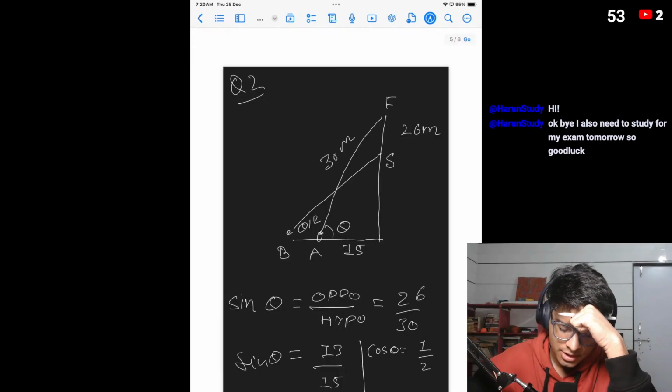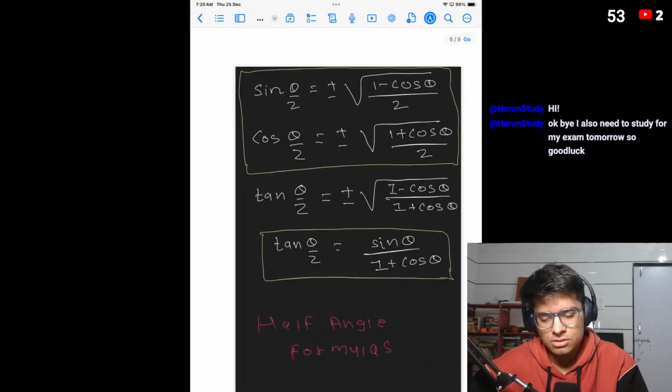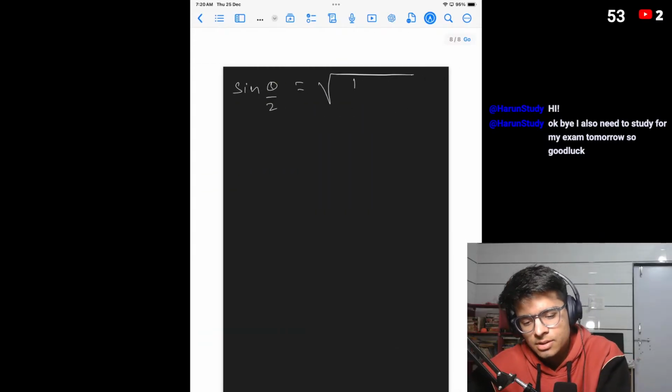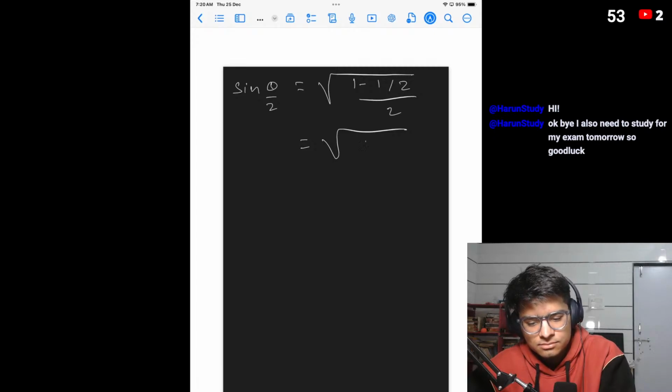Sin theta by 2 is under root (1 minus 1 by 2) upon 2.